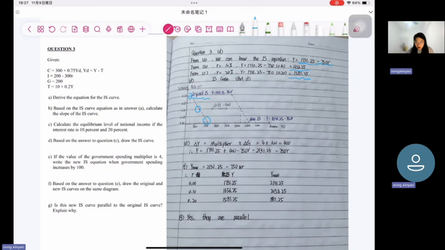For E, delta Y equals the multiplier times delta G, which equals 400.